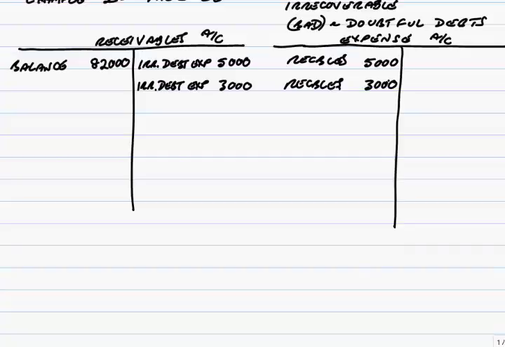There's a general provision. So always do that first. Deal with any irrecoverable ones, remove them. And at that stage, after removing a total of 8,000, we end up with a balance on receivables of 74,000.